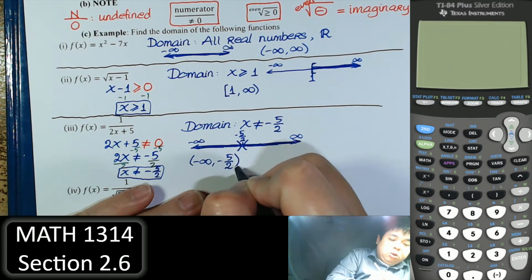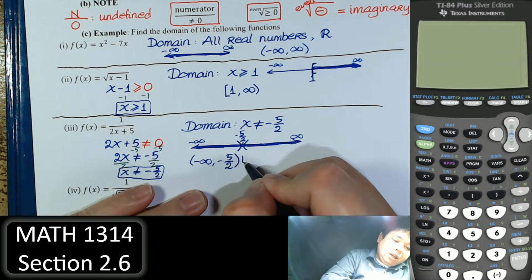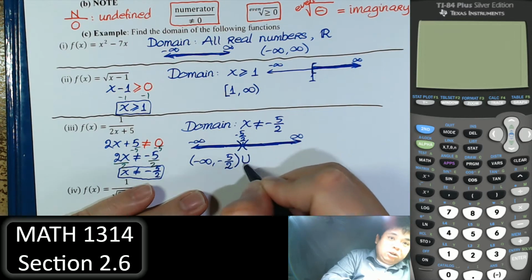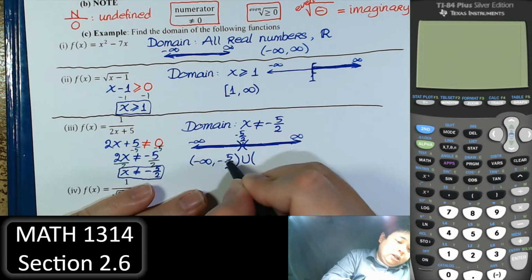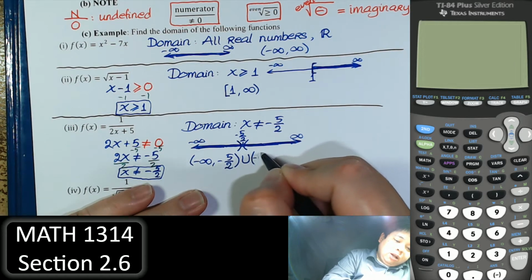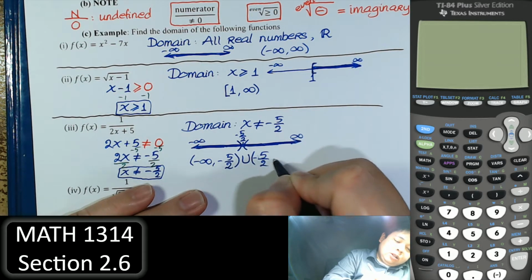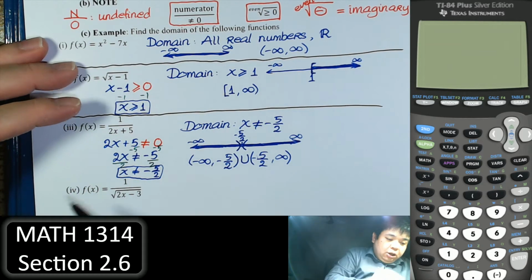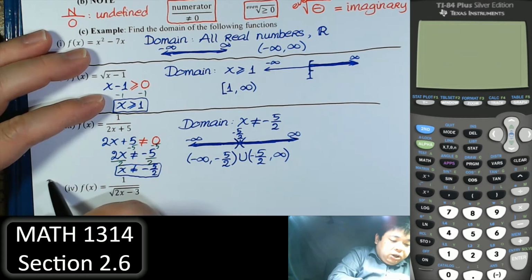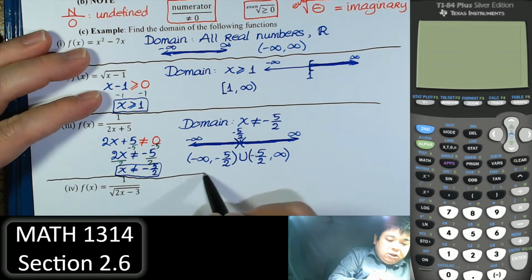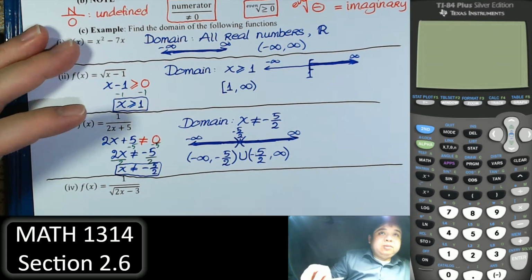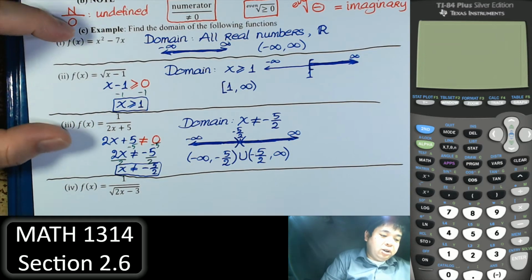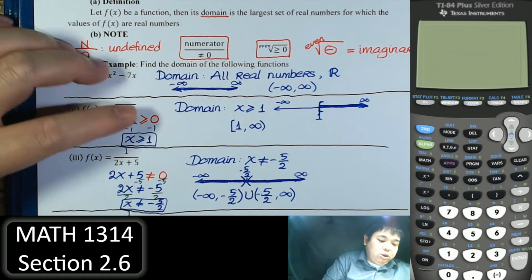So we have the parentheses, and then we write union, meaning and, or from negative 5 halves to infinity. Right. So those are the two things we need to watch out for when we try to find the domain of a function. If it's not in that form, we don't need to worry about it.